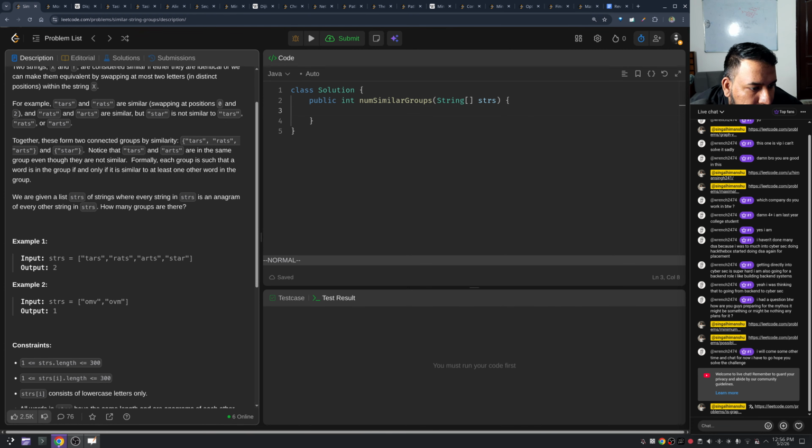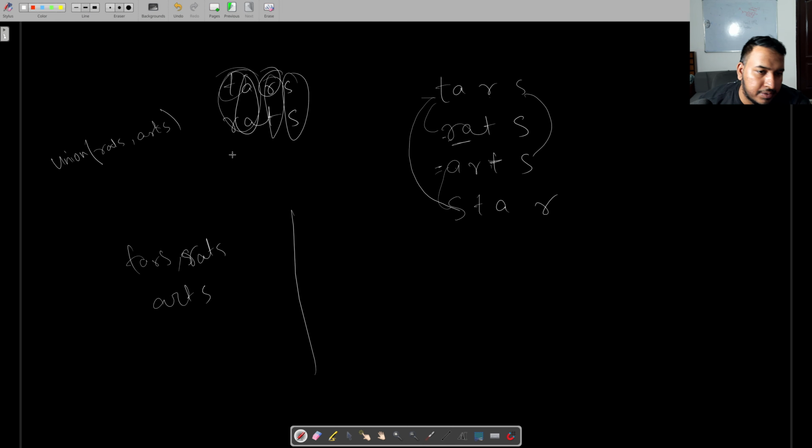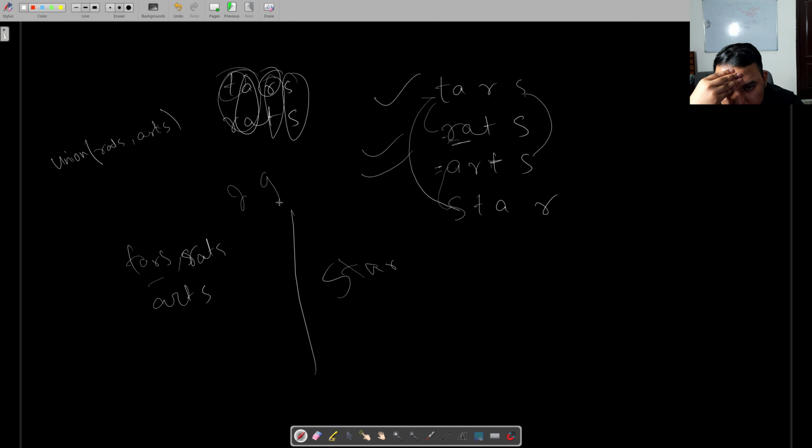This is not a straightforward union find. This is tricky because how do you give the answer for rats? So tars is done, rats is done, arts is done, and star can be here, right? Two groups. What we can do is use union find and then we can do something. Just give me a moment, please.